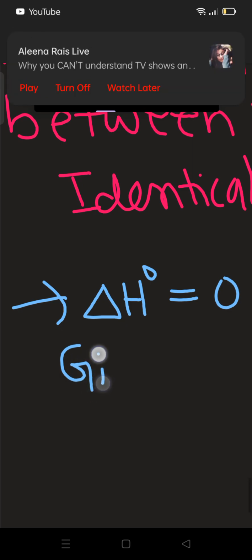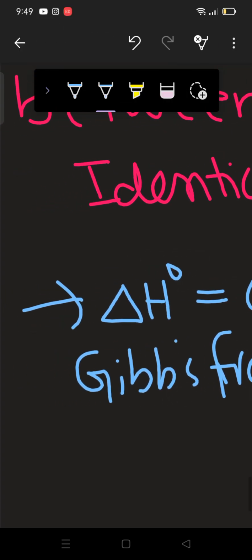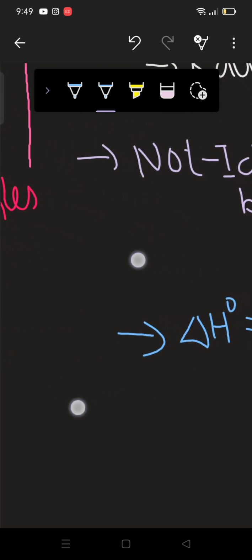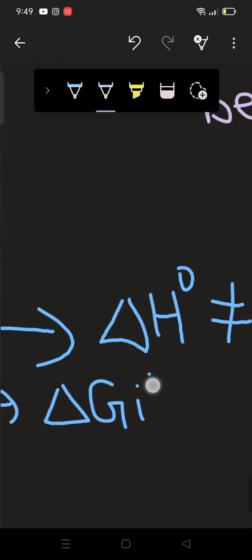Here the change in Gibbs free energy would be 0 too. And here in the non-ideal solution, the change in Gibbs free energy would not be equal to 0 too.